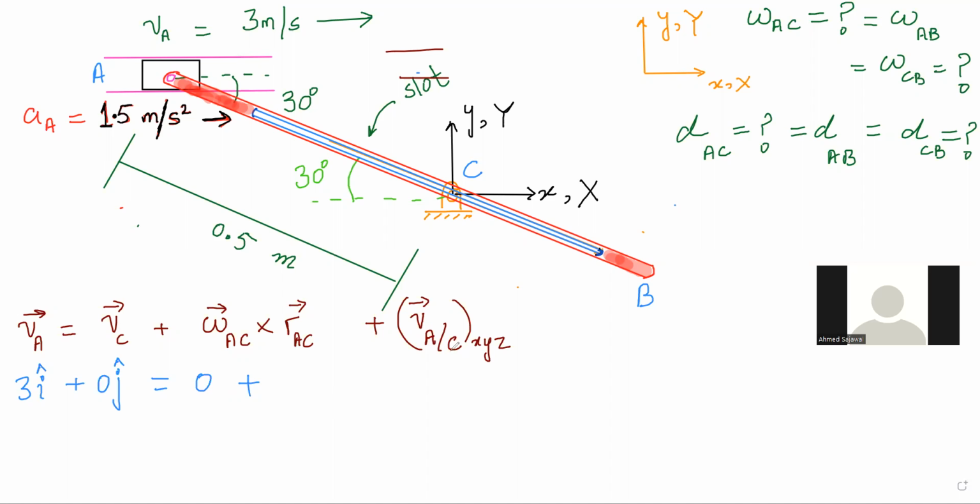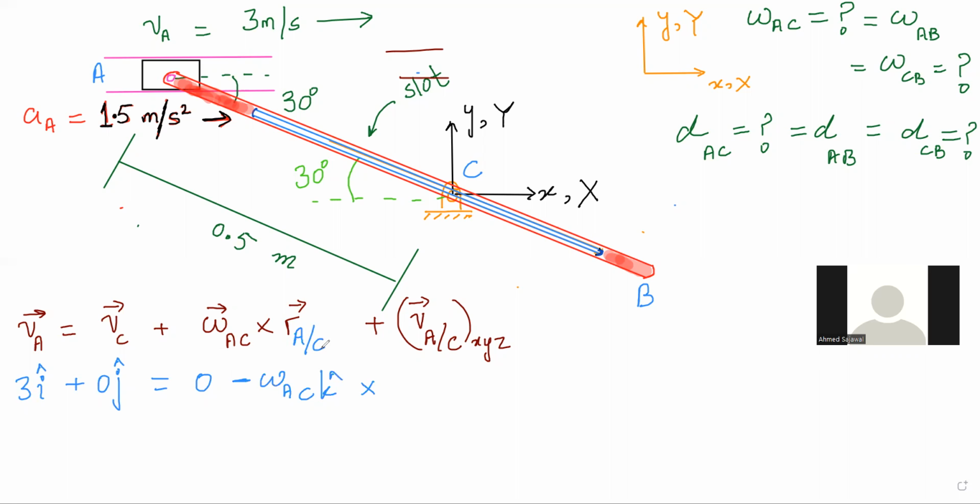Because the rod is going clockwise, I will have minus omega AC K unit vector, position of A with respect to C. I made a mistake. A with respect to C. For example, the piston is going towards the right, and where is your rod AC?